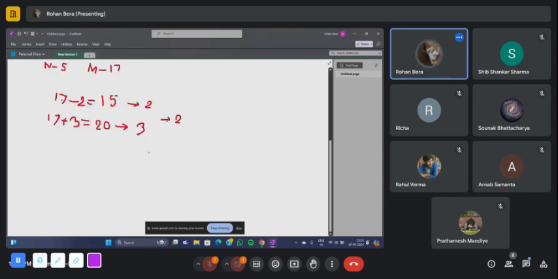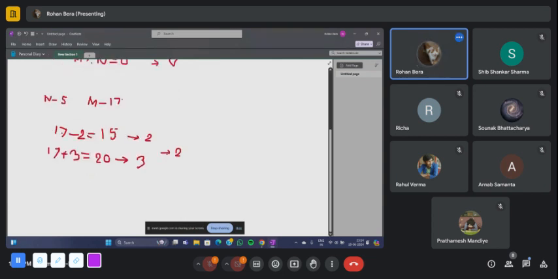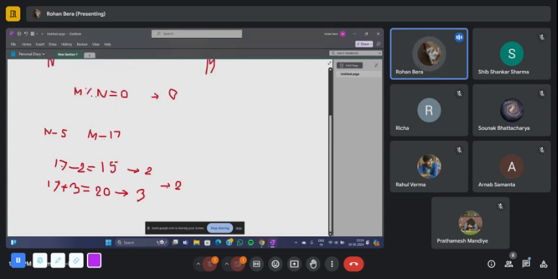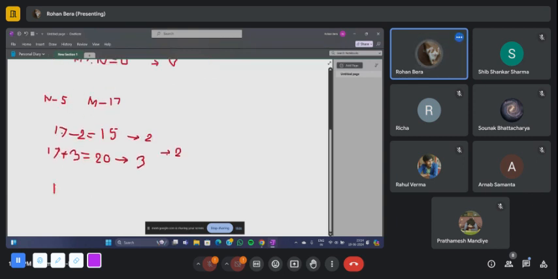So first of all, if m is not divisible by n, there can be two possibilities. First, m is greater than n, and second, m is less than n.